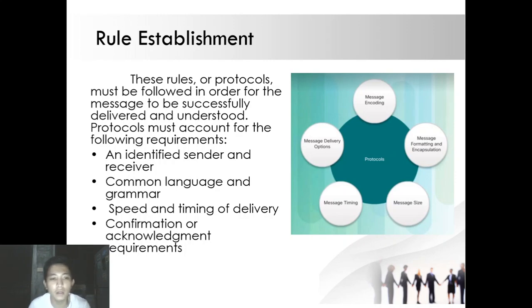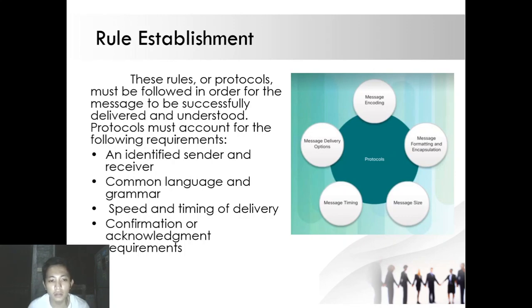So why would you need an identified sender and receiver? Because if someone talks to you with no identity, then you must think that it's spam or fraudulent. Then the common language and grammar: if you do not use the same common language, then you cannot understand each other, and correct grammar is needed too, to deliver the message correctly.